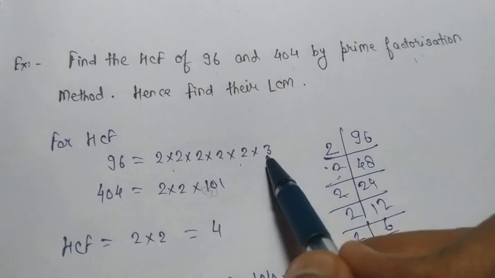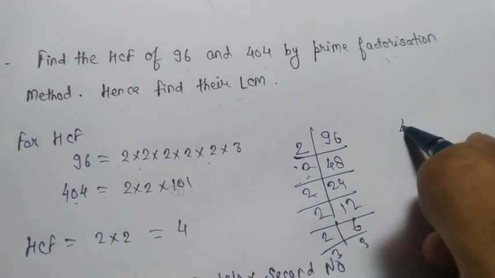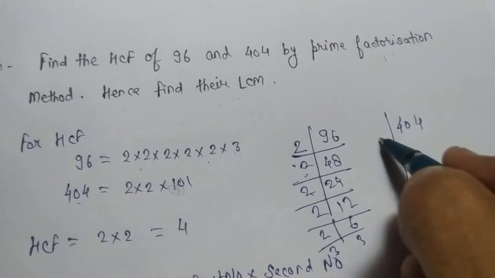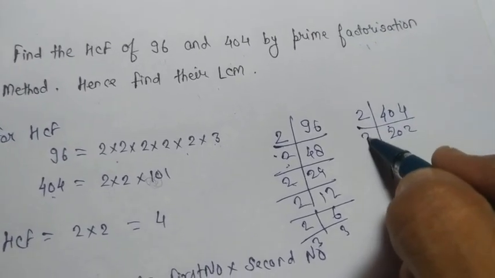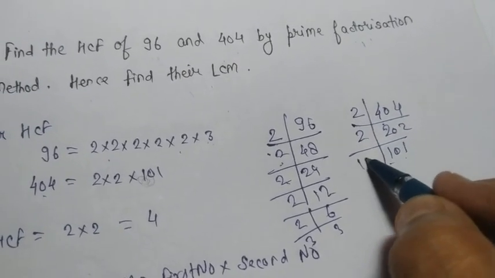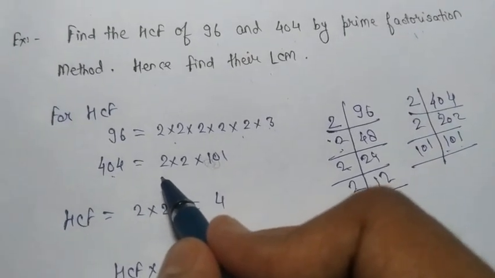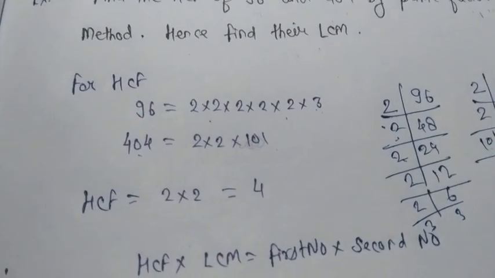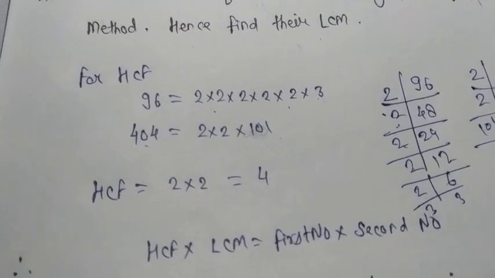So this will come. Afterward, when you will do 404, so 2 times 202, then again 2, then 101, and 101 is a prime number, that's why 101 only. So I have written here also. So when you have to find the HCF, we will see the common factors.